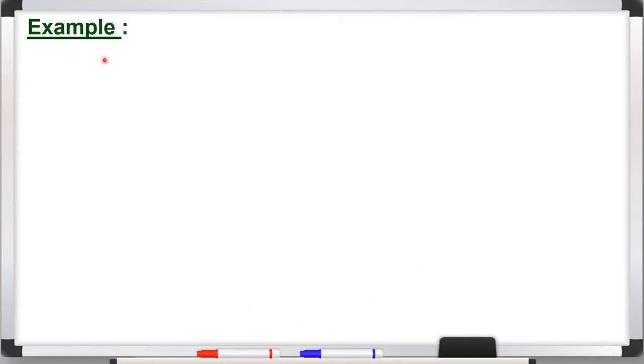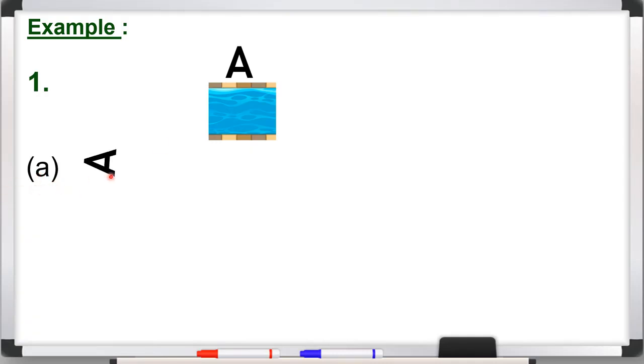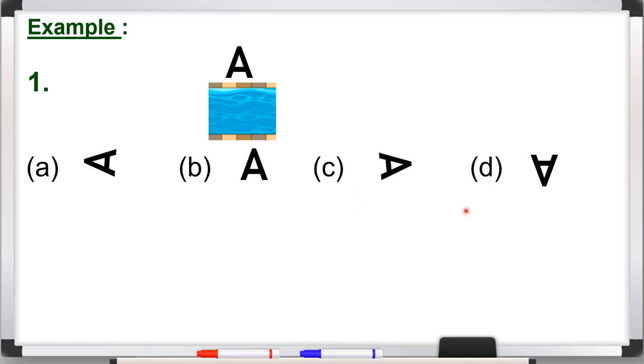Here in example number 1, it is given that there is an alphabet A. Now we have to see what image comes when we look at it in the water. Options are in A part like this, in B part like this, in C part like this, and in D part like this.